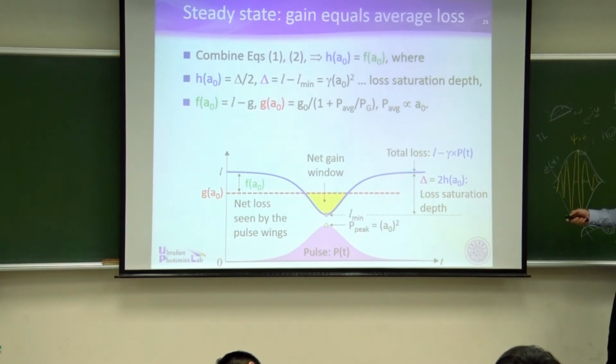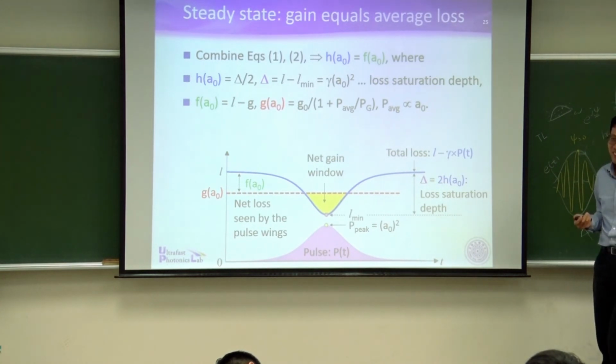If you have a net gain window around the pulse peak, it means if you consider both gain and the loss together, your pulse peak will be amplified most. Because here, your gain is much larger than your loss. But your pulse wings will get attenuated because your loss is larger than the gain. Then you see you have a pulse shortening effect due to the interplay between the loss and the gain.